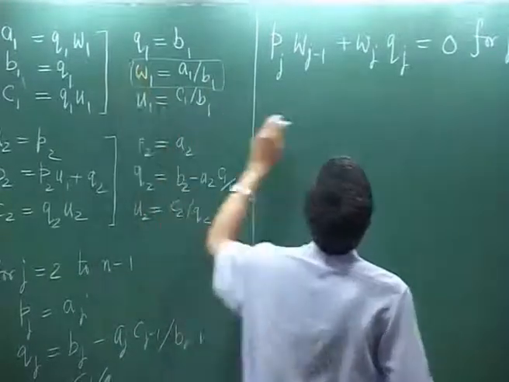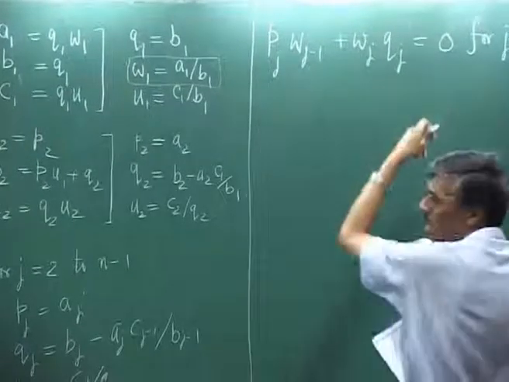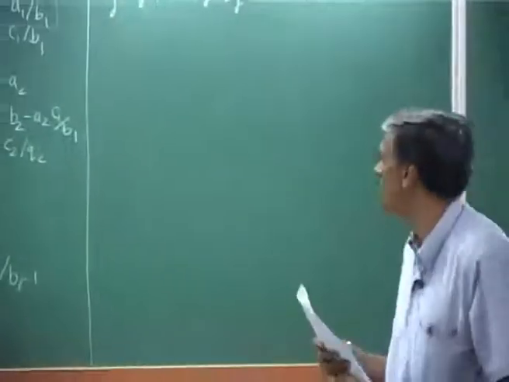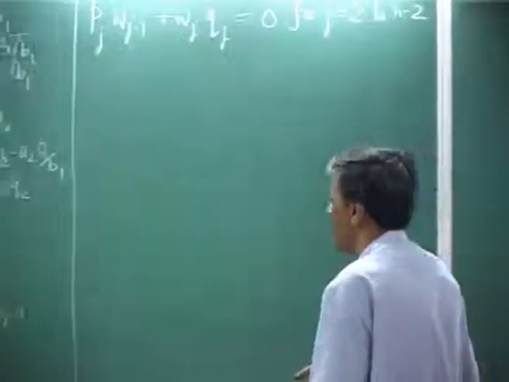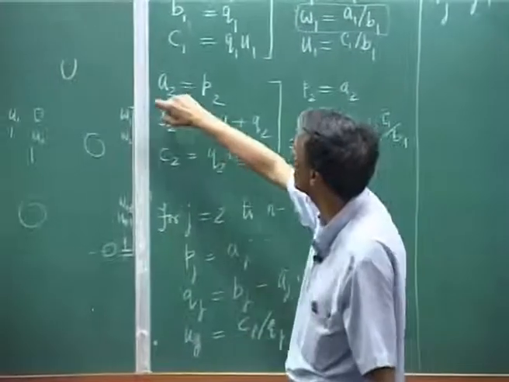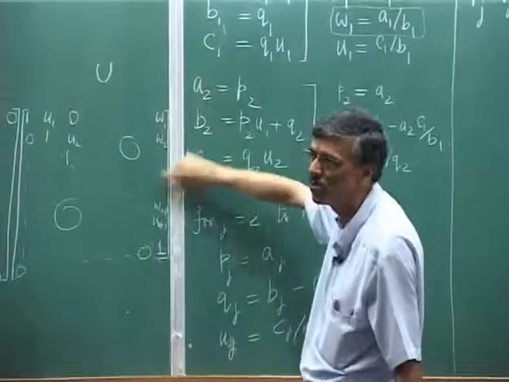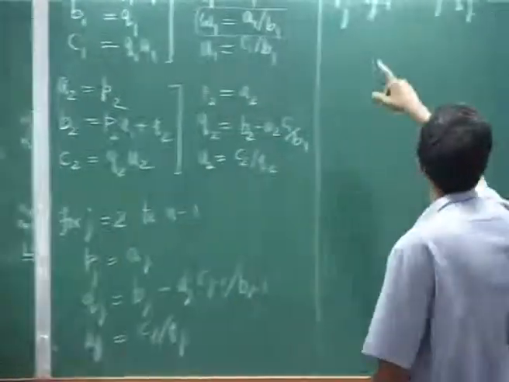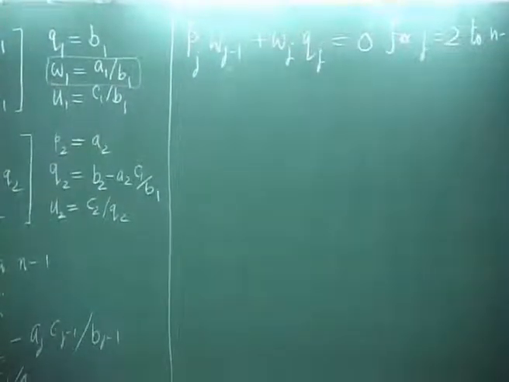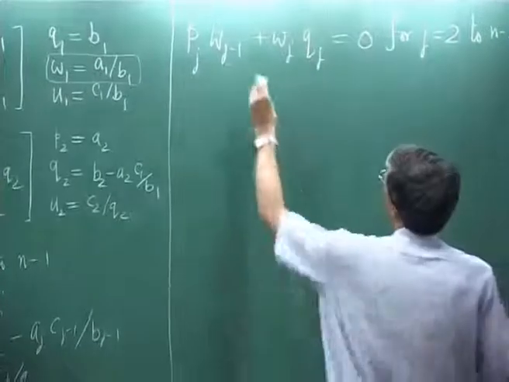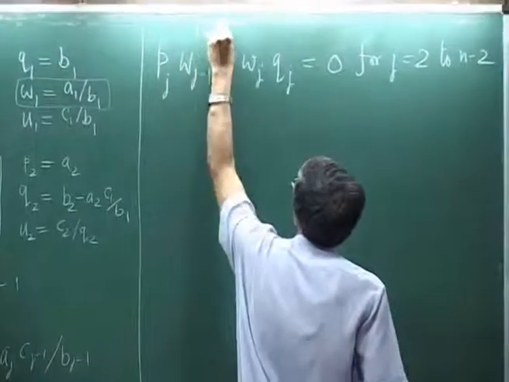So, if I have W 1, I could keep on recursively obtaining the other quantities, all these W j's. Essentially, we are trying to figure out what these non-zero entries in the last column are, and that is helped by that equation. So, this is from the last column of A.